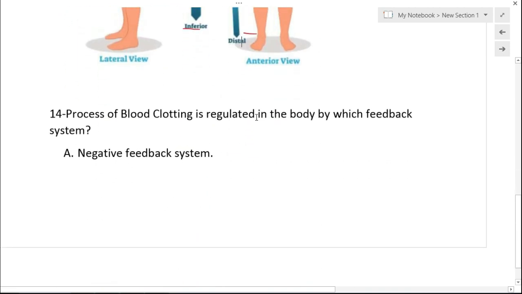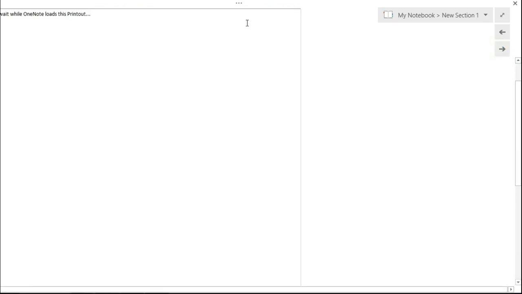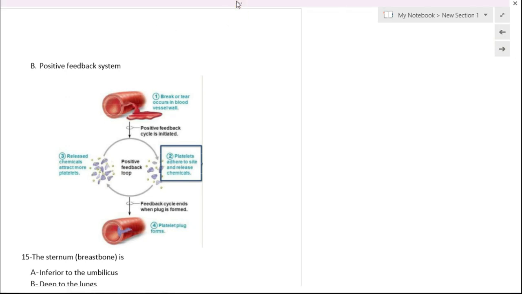Now next question. Process of blood clotting is regulated in the body by which feedback system? Negative feedback or positive feedback. Do you remember? The correct answer is positive feedback.